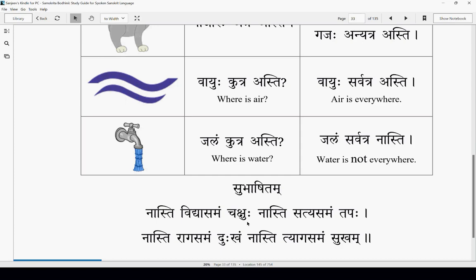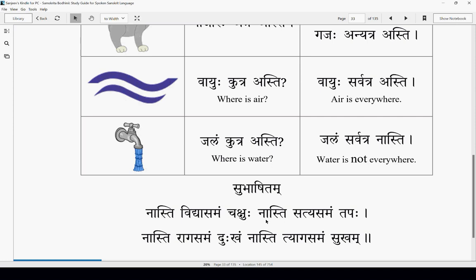Chakshus is a napunsakalinga word. It's not a pullinga or strilinga. Though you see the visarga like in guruhu, it is napunsakalinga. So it becomes chakshushi, dvivachanam. Okay, so there is no guide equal to vidya.